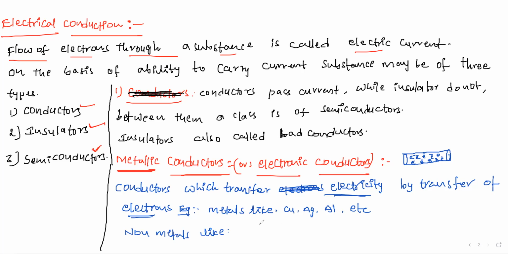Carbon allotrope, that is nothing but graphite. Yes or no? Okay, copy it fast. Are you understanding the concept? This is our introduction, which is very easy only.